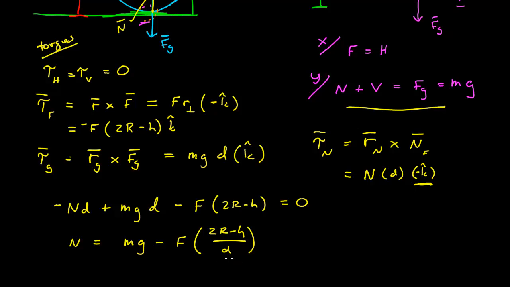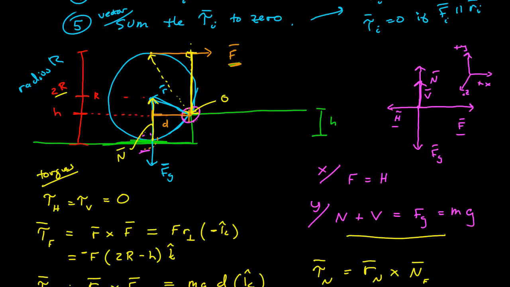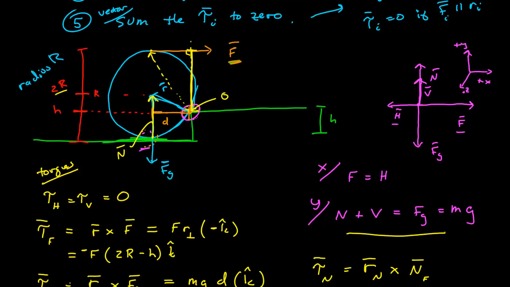All right, so now is the time to get serious about understanding what this lever arm is for the gravity. It's not too bad, but I just have to do some trigonometry. Note that this distance right here, which I'll call a, makes a triangle with d, where the hypotenuse is the radius of the circle, that's r.